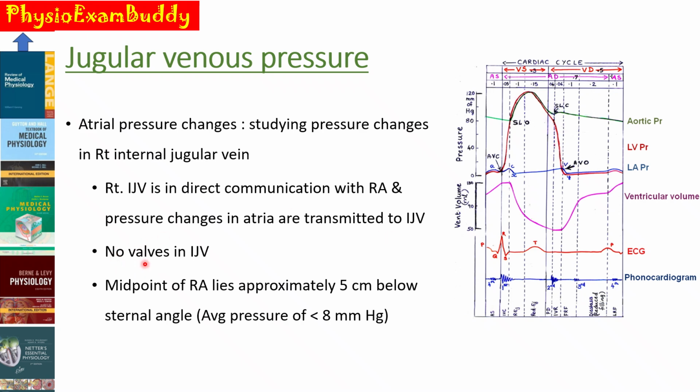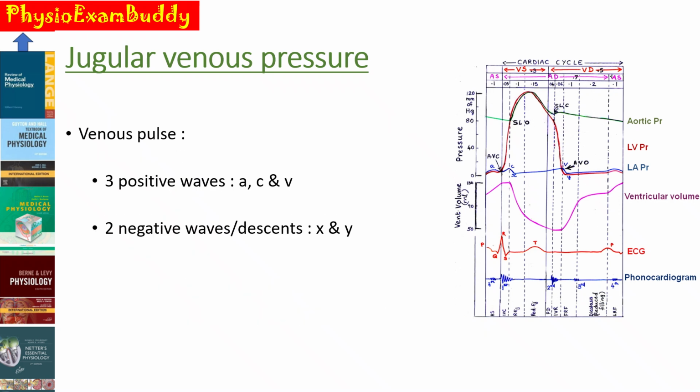Another reason is that there are no valves in the internal jugular vein, and the midpoint of the right atrium lies approximately 5 centimeters below the sternal angle, with an average pressure of less than 8 millimeters of mercury. So these are the reasons why the pressure changes are reflected in the right internal jugular vein from the atrium.